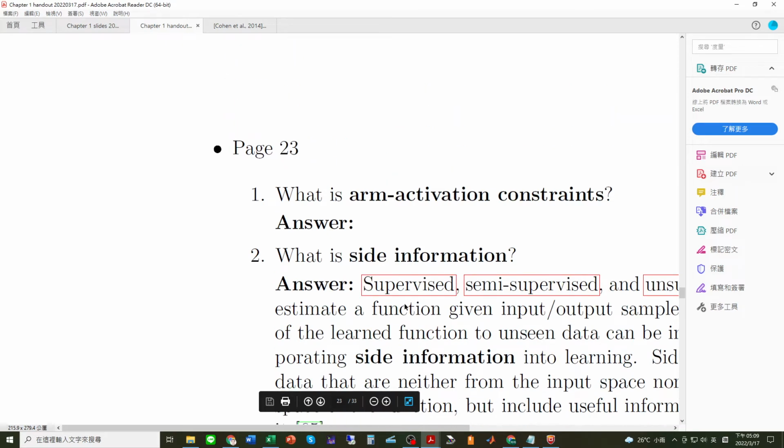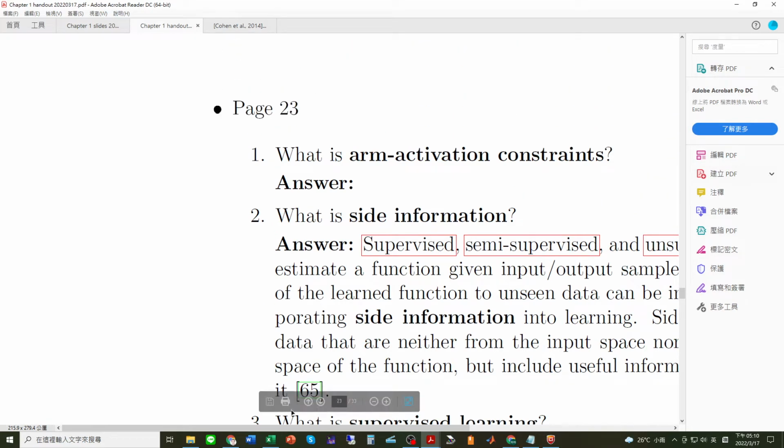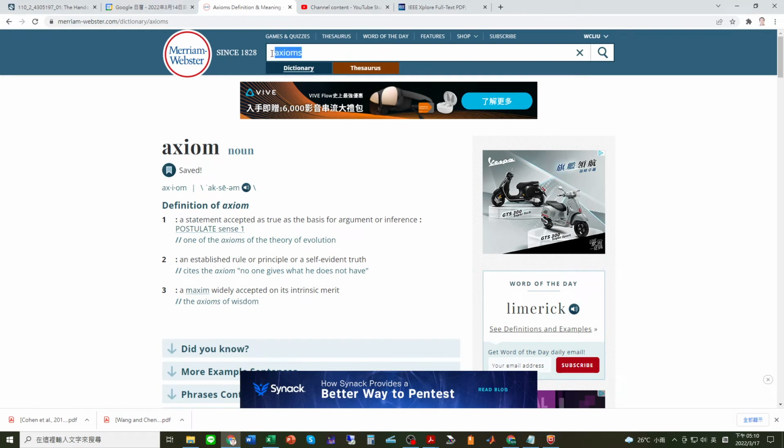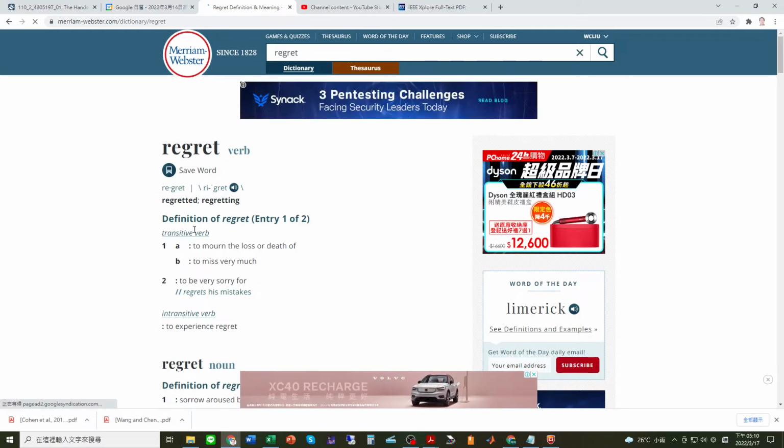Oh, sorry, I didn't include the definition of regret here. So let us look up in the dictionary, regret. Regret, a verb, means to mourn the loss or death of, or to miss very much, or to be very sorry for.